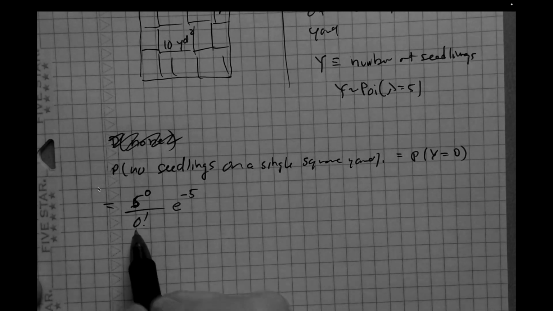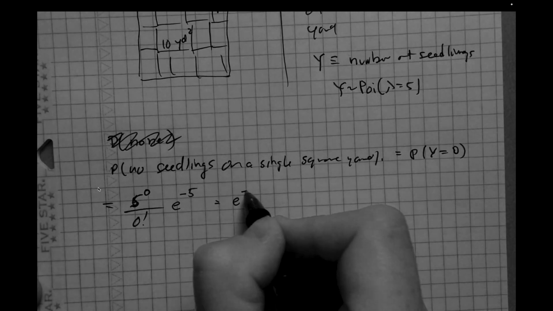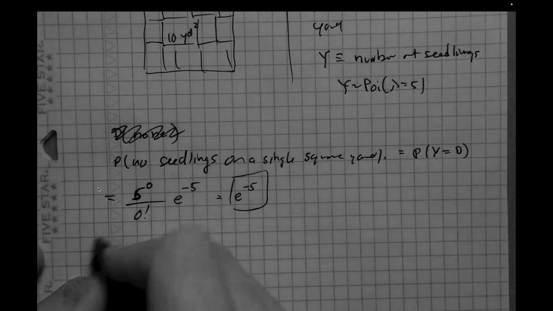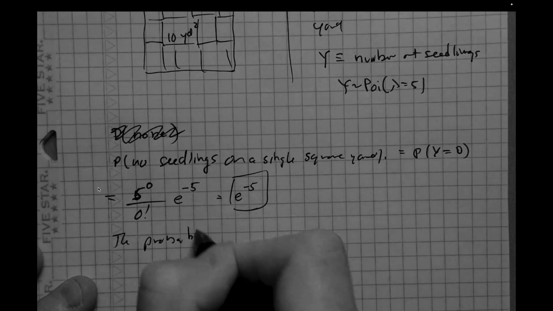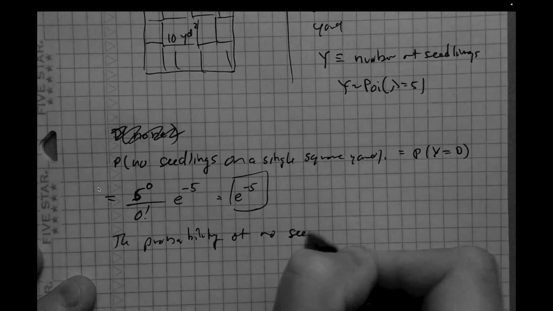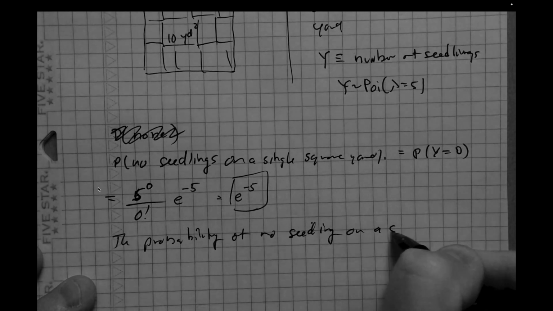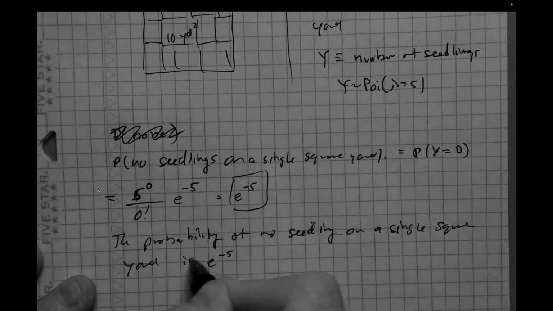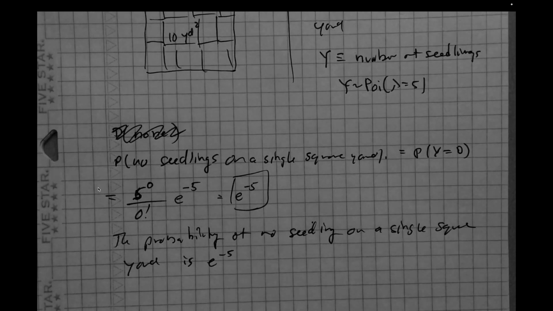This would be 1 times e to the negative 5, so the probability of no seedling on a single square yard is e to the negative 5 power, whatever that happens to be. And we can blow this up because these square yards are all random and independent, presumably. We can blow this up by just multiplying this out.